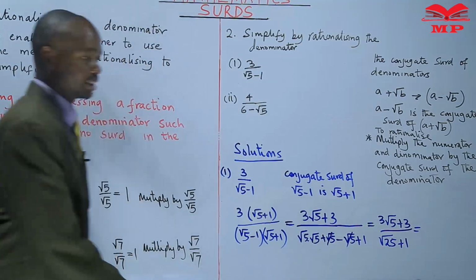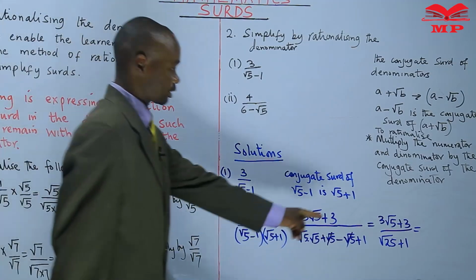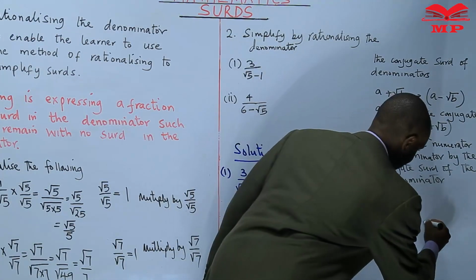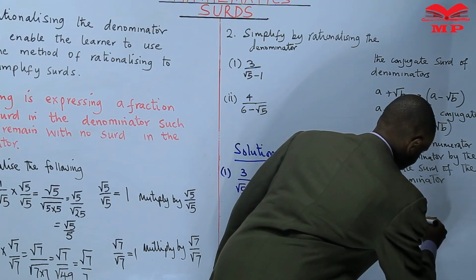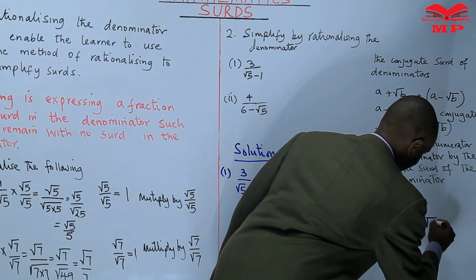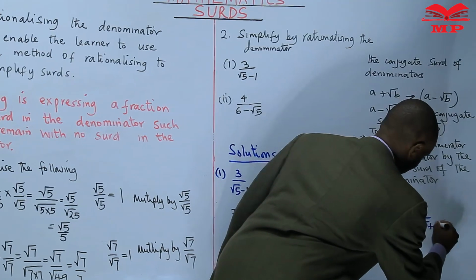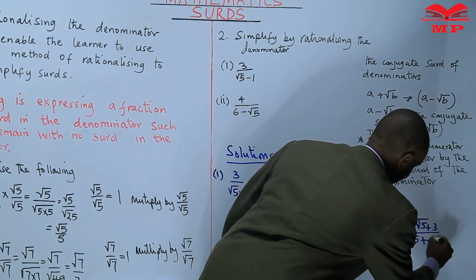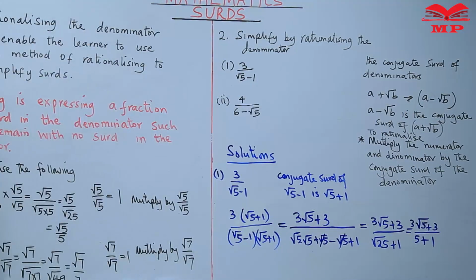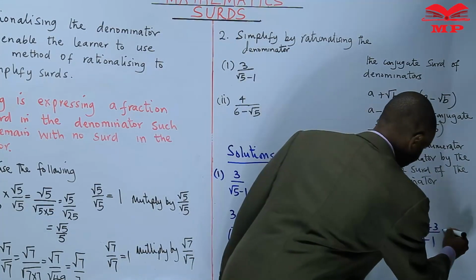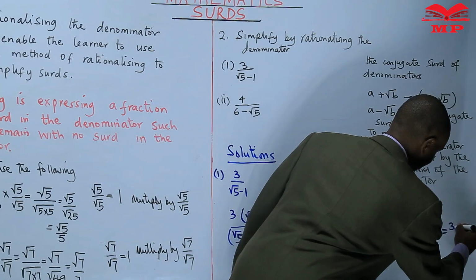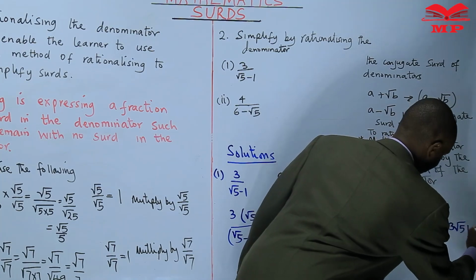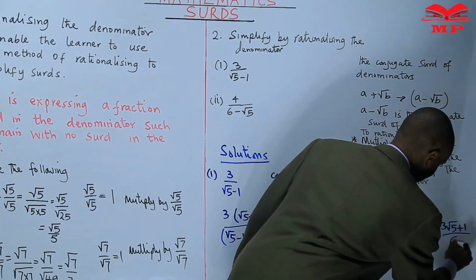So what does that come to? Square root of 25 is 5. So it will be 3 square root of 5 plus 3 over 5 plus 1. It works to 3 square root of 5 plus 1 over 6.